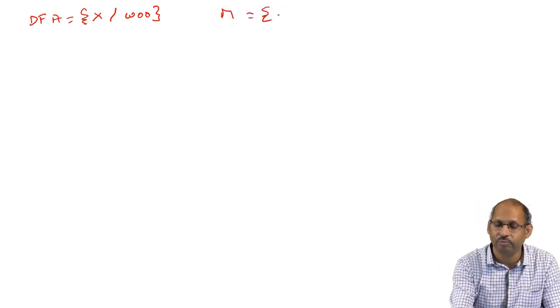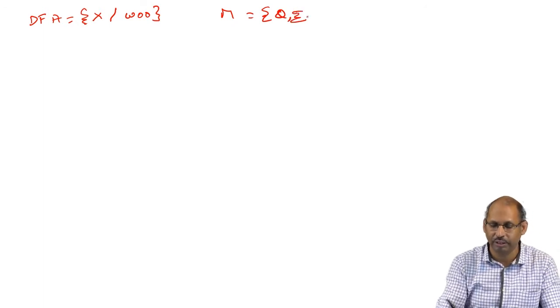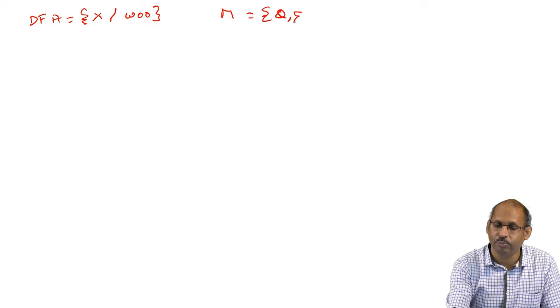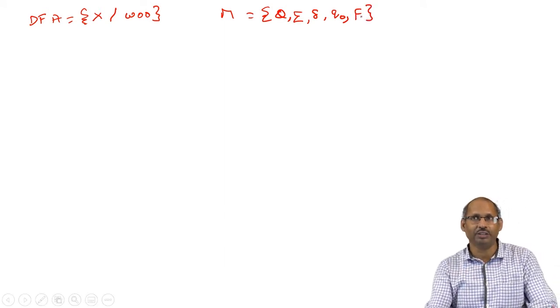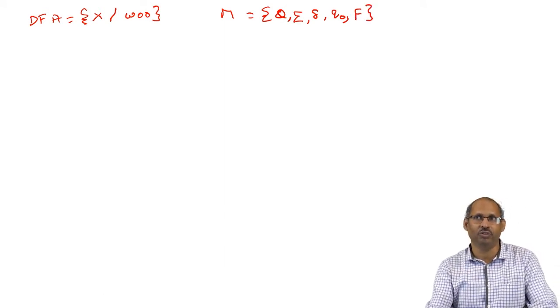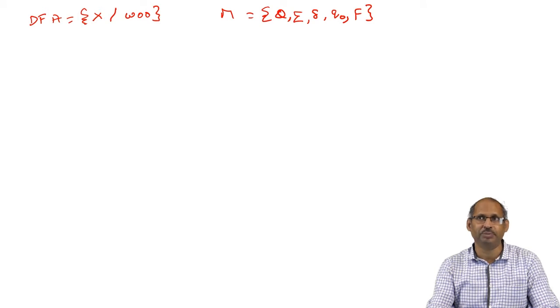M equals a set of states, input alphabet, transition function, initial state, and a set of final states. We also need the transition table, the transition diagram, and one example string for acceptance and one for non-acceptance.